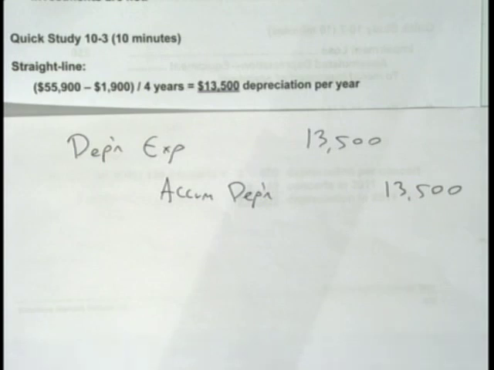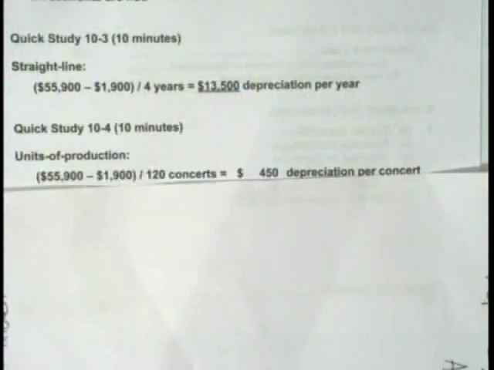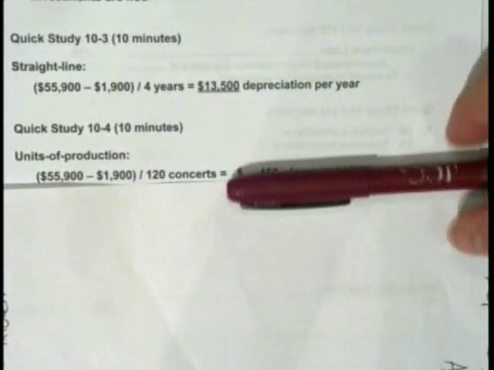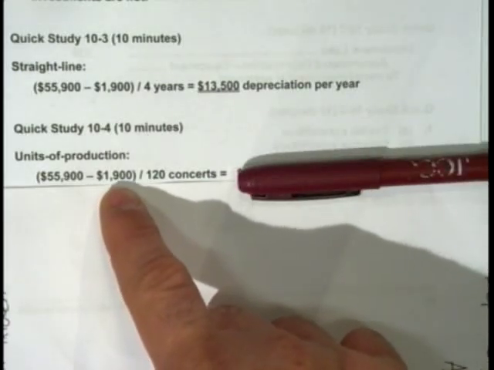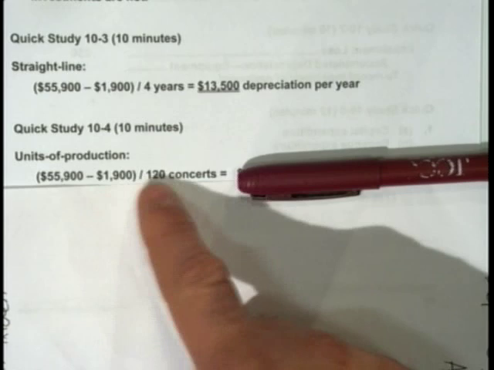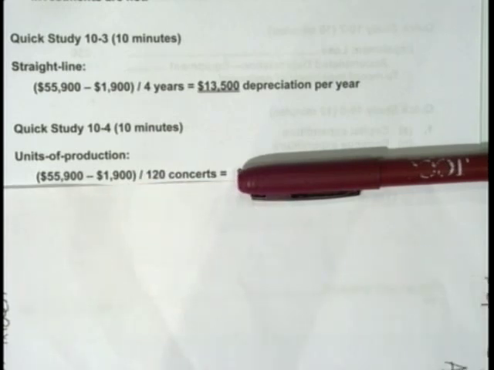Okay. What about 10.4, Quick Study 10.4? Well, here what we do, first of all, is we take the cost minus the residual value of $1,900, but here we divide it by 120 concerts, which we think is the total amount of production we're going to get out of that asset.